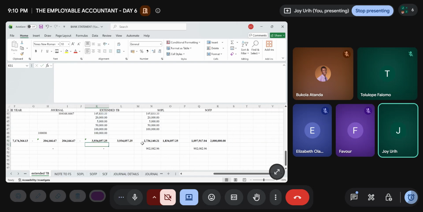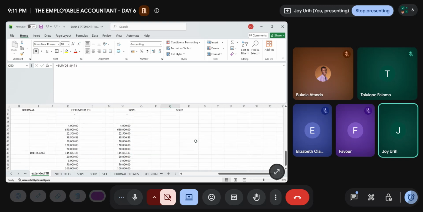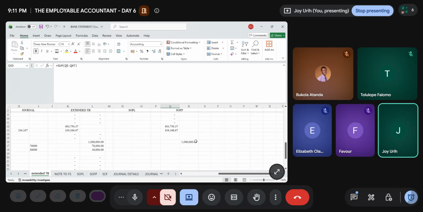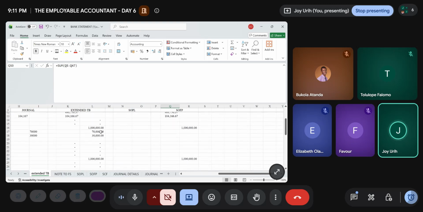Okay, this is not appearing here, and my summation did not pick it as well. For this one, my accumulated depreciation is not appearing on my statement of financial position.